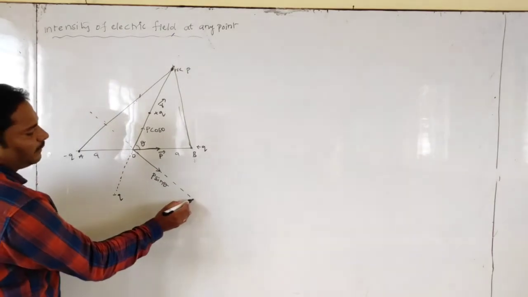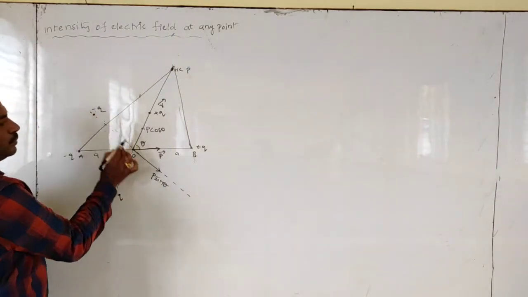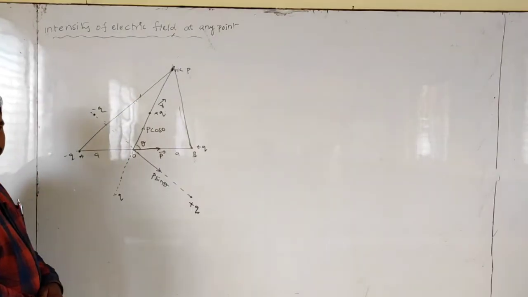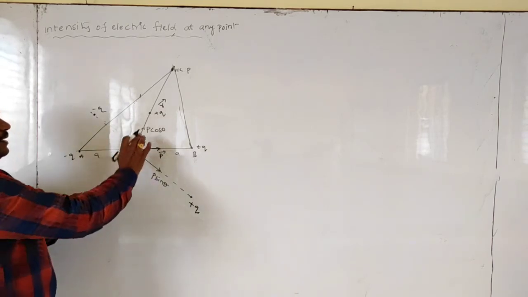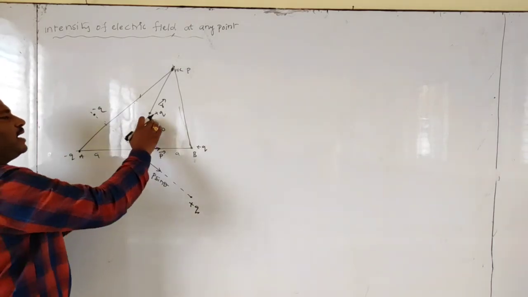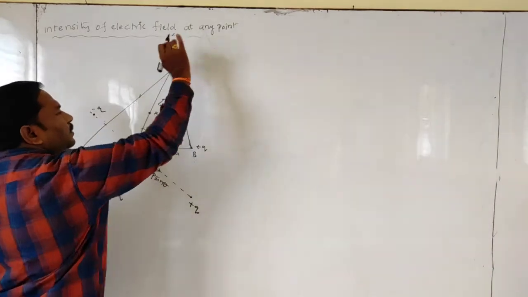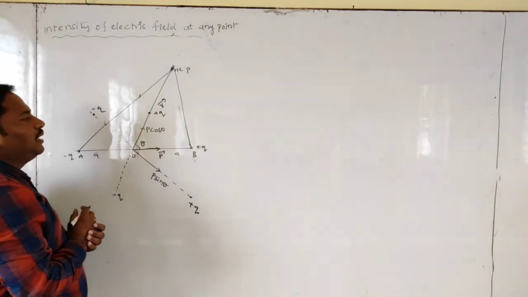Dipole moment is always from negative to positive, so here there is a positive charge. Now for this imaginary dipole, this point is on the axial line.